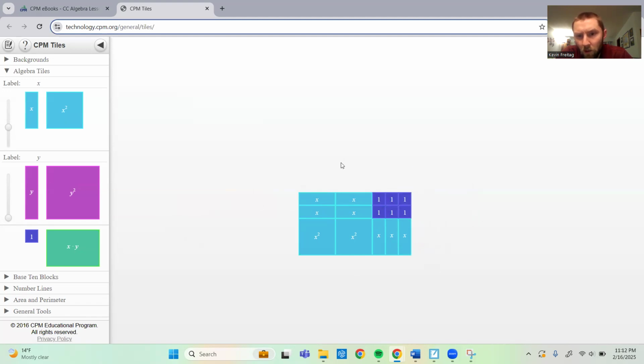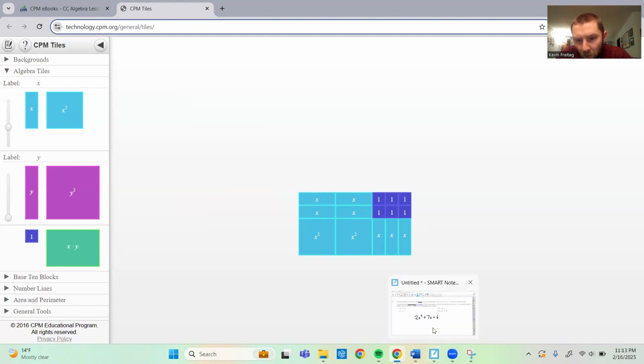Okay, so capture this image in your brain and then try to copy this, or think about what I have in this rectangle or in this collection of algebra tiles across the bottom, right? Remember that the dimension across the bottom of these x squared tiles is x, and then another x, and then 1, 2, 3.